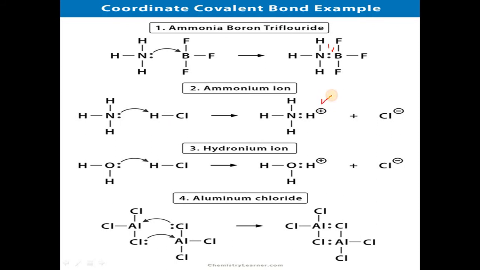Then another example is the hydronium ion, which is formed when water gives its lone pair to a proton, and we get H3O plus ion. Another example is aluminum chloride, where there is also formation of coordinate covalent bond.